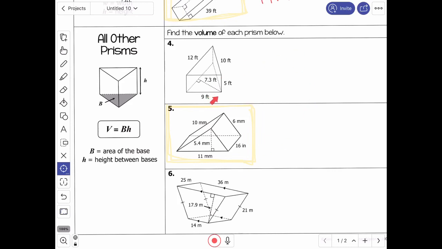So for number 4, I'm dealing with a triangular prism. So I'm going to find the area of this triangle because that's going to be my base. And let me just highlight that. The area formula for a triangle is 1/2 base times height.